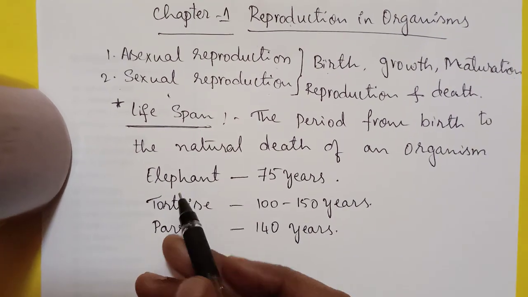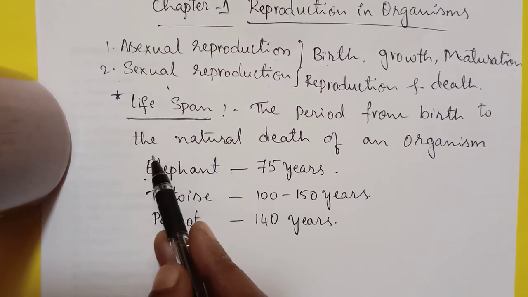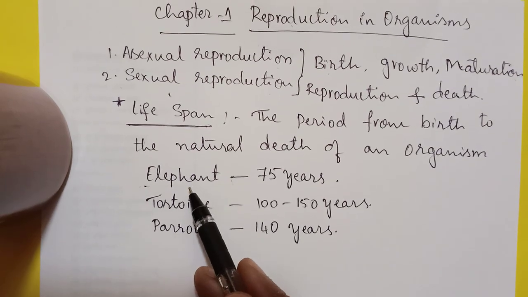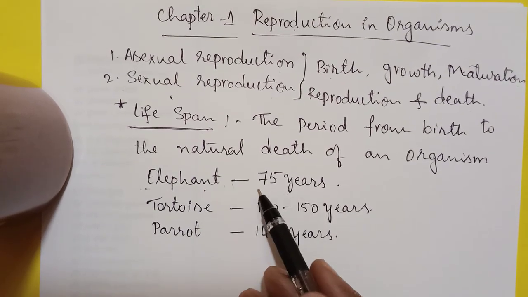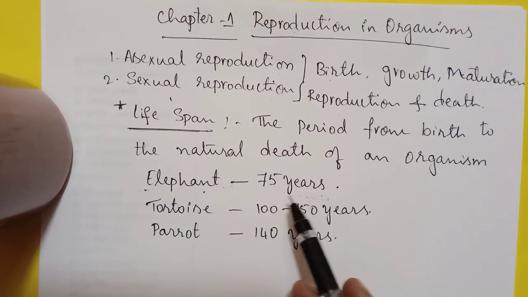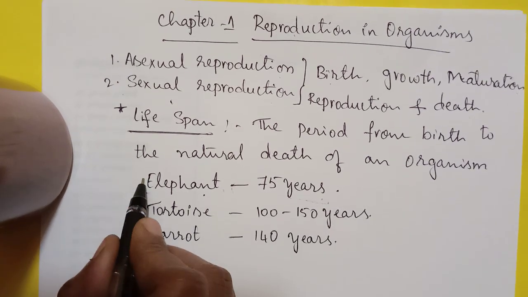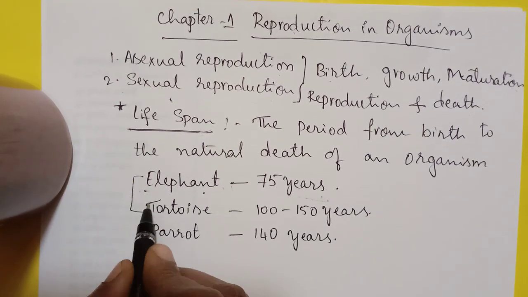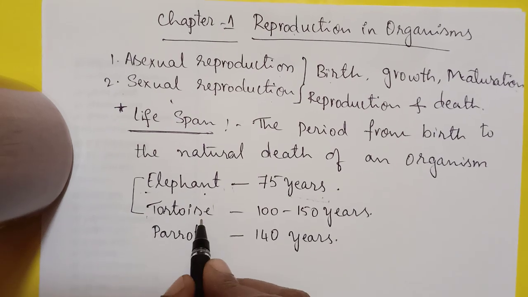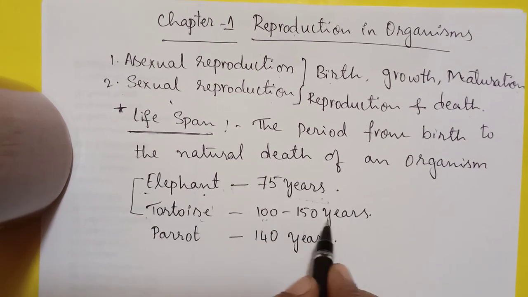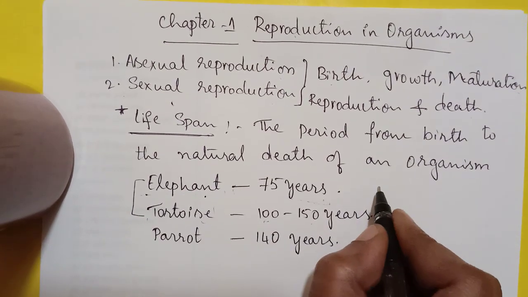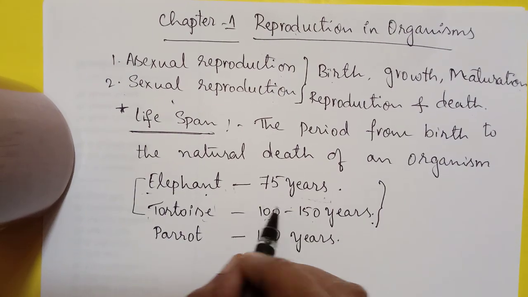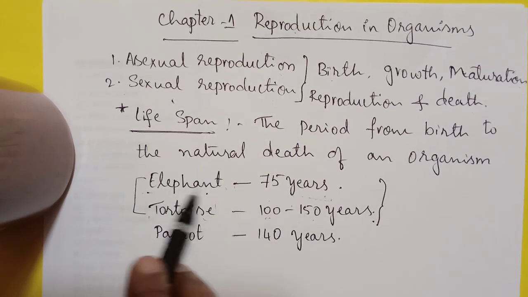So here the elephant is a huge animal. In size, the elephant is very huge, and it has a lifespan of 75 years. When we compare the size of the elephant with the tortoise, the tortoise is a smaller one, which has a lifespan of 100 to 150 years. In this way, size does not matter with the lifespan of an organism.